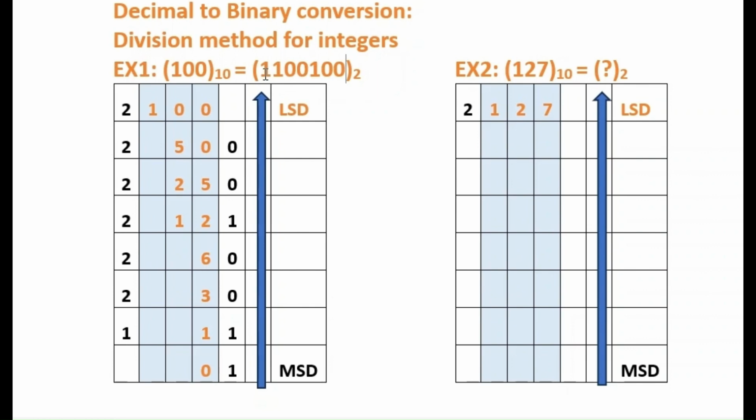So this one is 2 to the power 6, which is 64. 64 plus 32 is 96. 96 plus 4 is 100. Let's do another example. Here it is 127, a decimal number and an integer. So let's divide it.